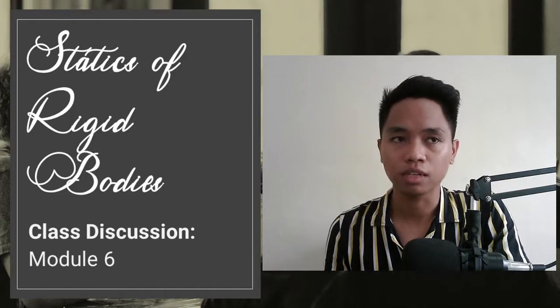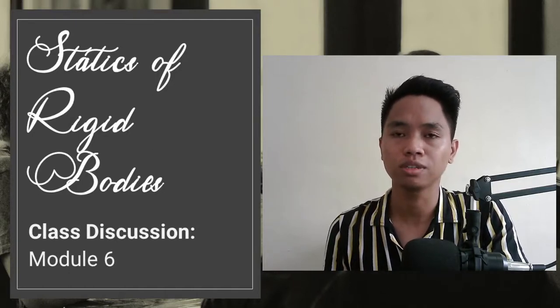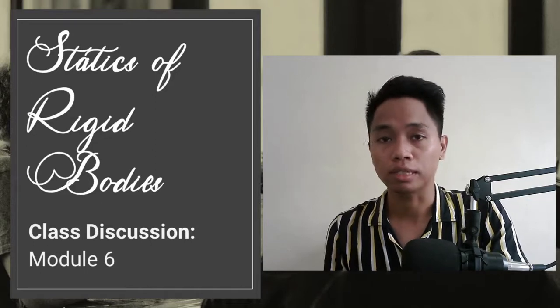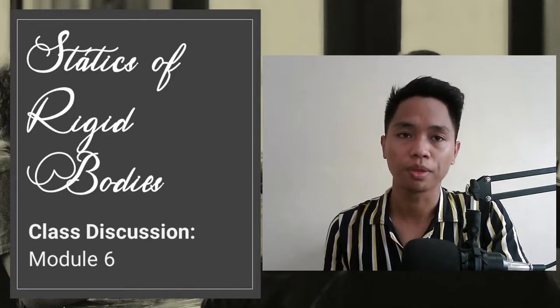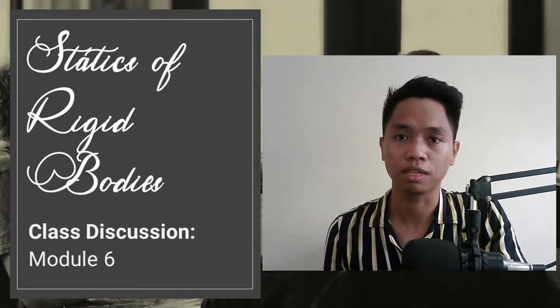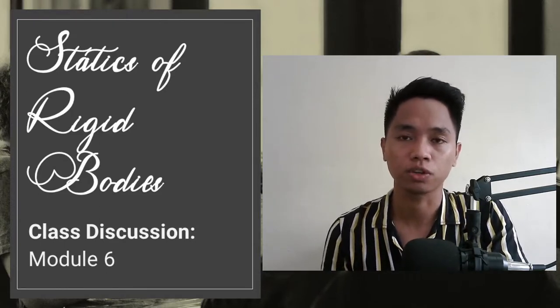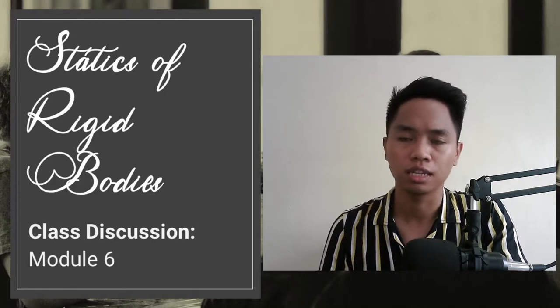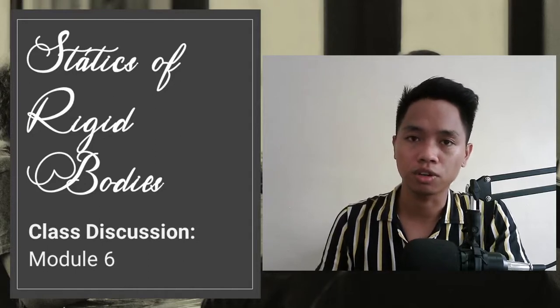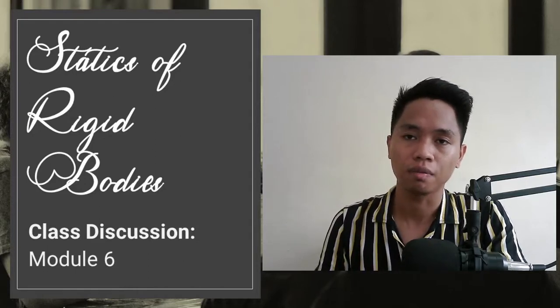Then our method of sections is almost the same, it's still vectors, but here we use moments to eliminate or reduce the unknowns so we can solve for specific members. I guess you already know from the PowerPoint where I put when it is advisable to use the method of joints or the method of sections.